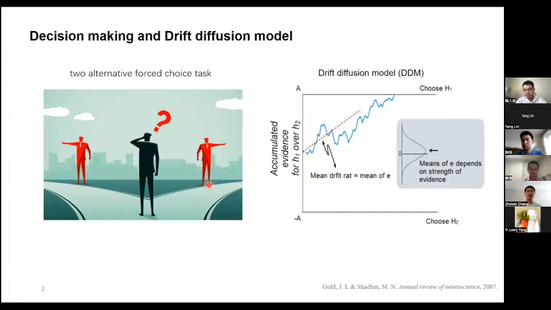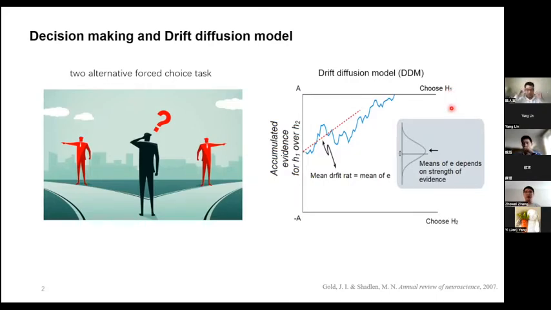At each time step, the agent will observe or sample a piece of evidence, and the accumulated evidence will get larger when the observed evidence supports the choice H1, and it will get smaller when the evidence supports option H2. The agent would stop sampling and make a final decision when the accumulated evidence hits one of two predefined boundaries.